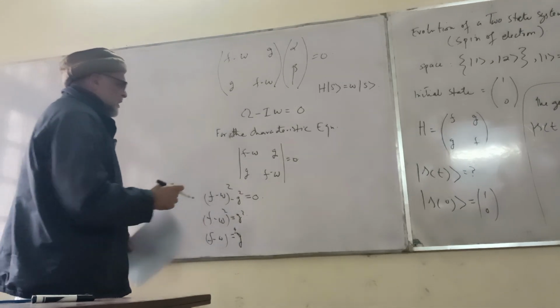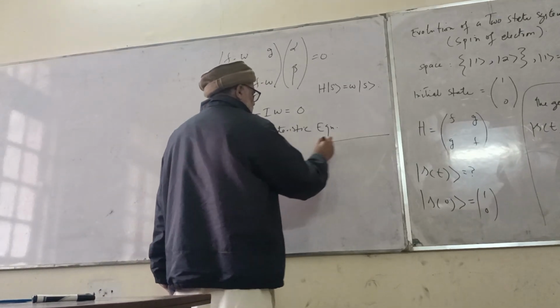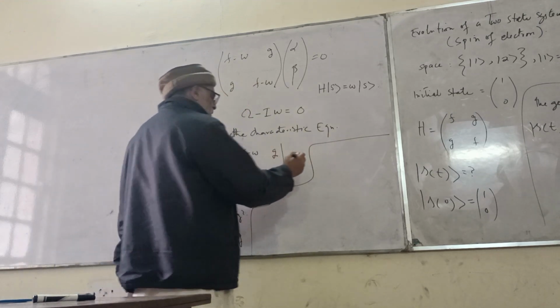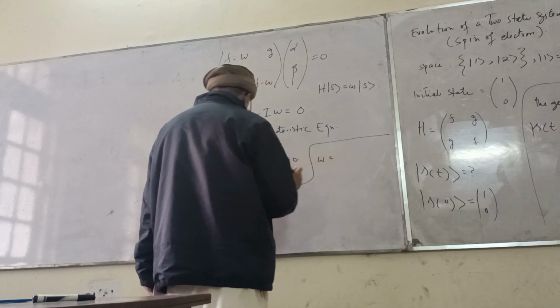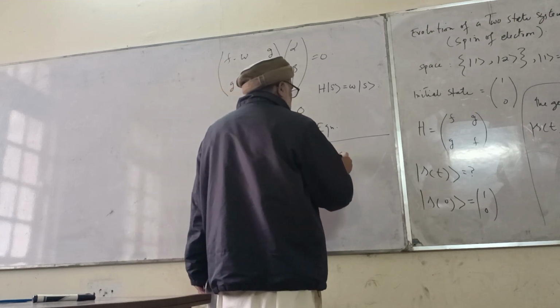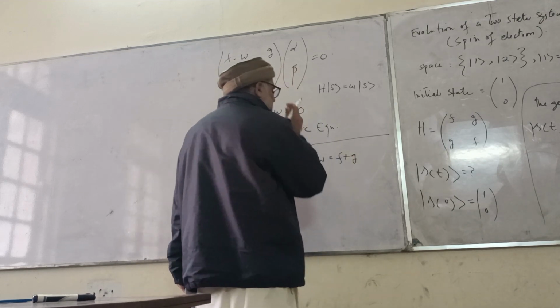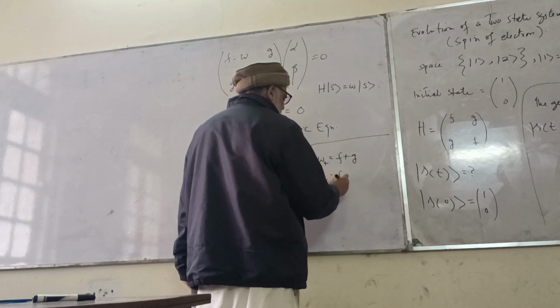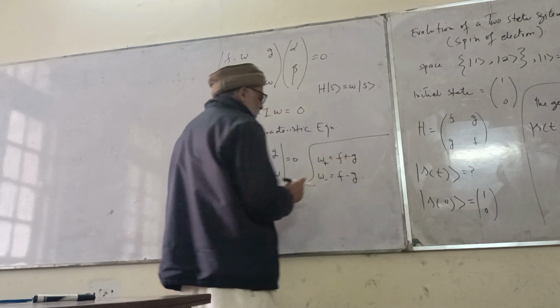So this gives us omega equal to f plus g. Then we call it omega plus, and omega minus is equal to f minus g.